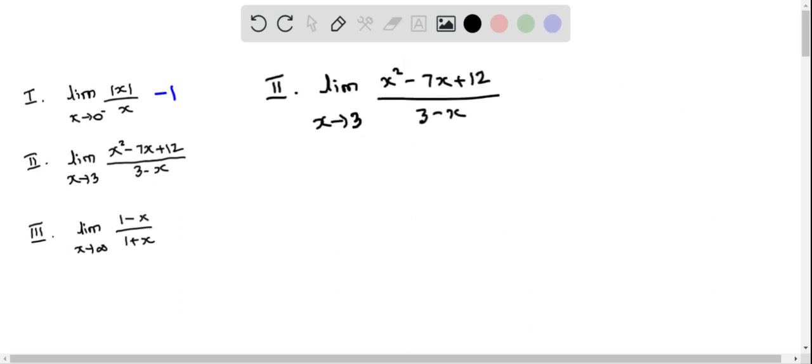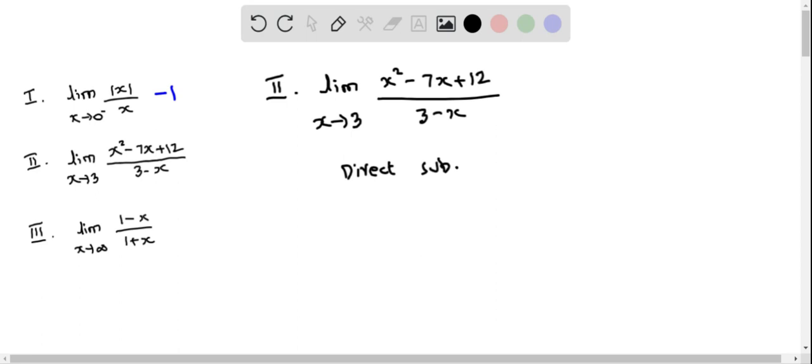Let's evaluate the second limit. So we have the limit of x squared minus 7x plus 12 over 3 minus x, as x approaches 3. For that, we can do the direct substitution first. When we do the direct substitution, I'm going to replace x by 3.